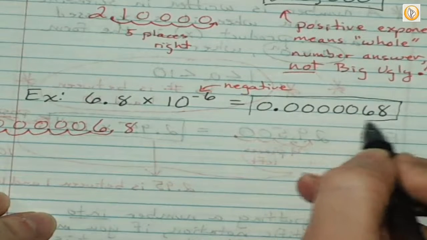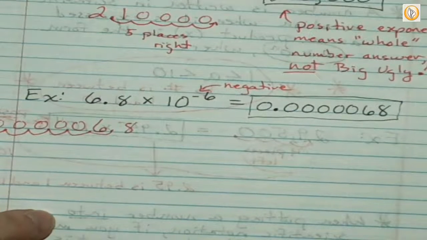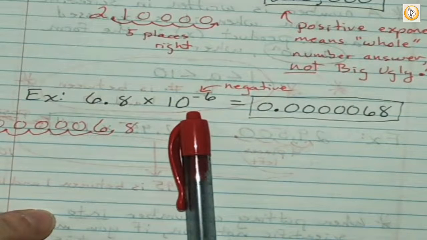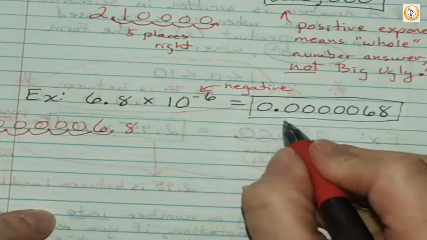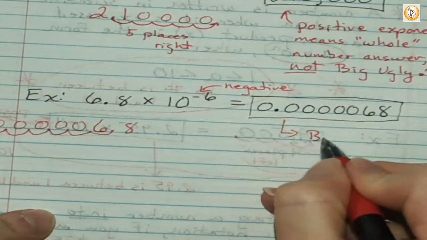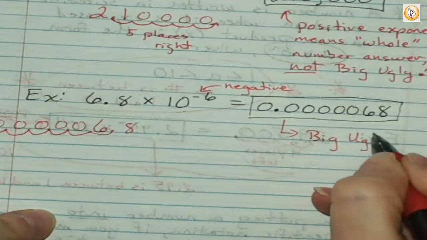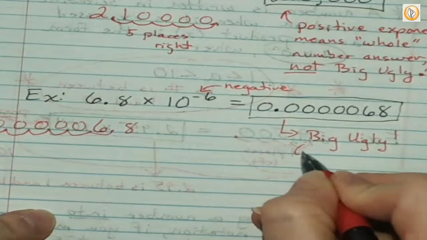So there's your answer if you have a negative exponent. That's big ugly. Negative exponent.